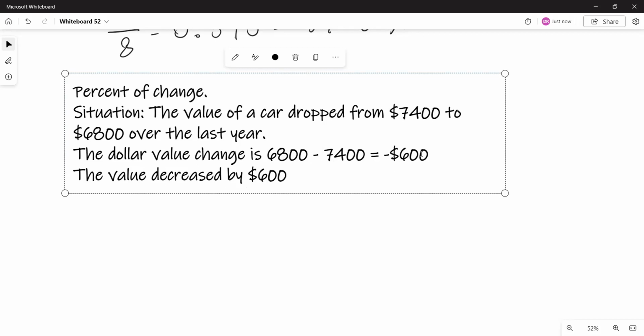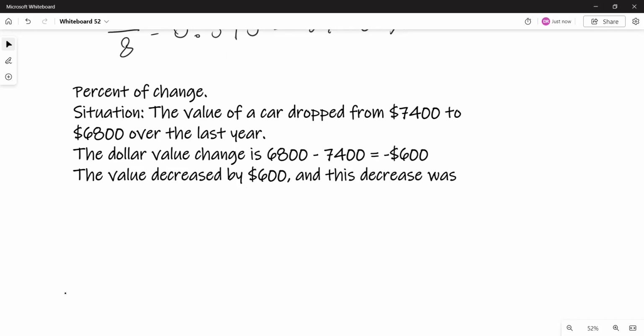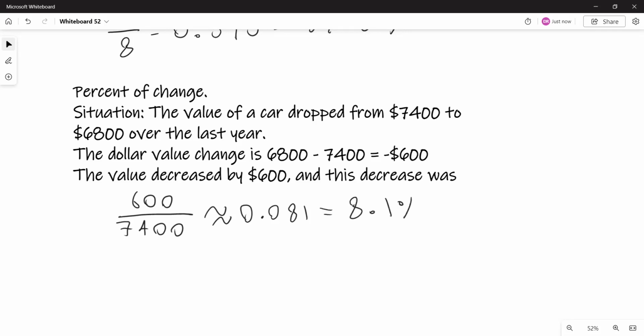And this decrease was $600, which I'm going to keep positive because I'm already saying decrease. The original value was $7,400. So 600 over 7,400 is approximately 0.081. As a percent, that's 8.1%. So this decrease was 8.1% of the starting value of 7,400.